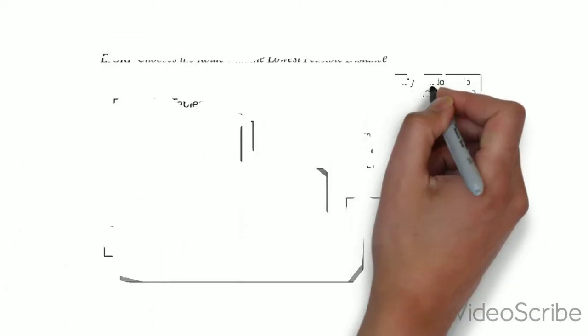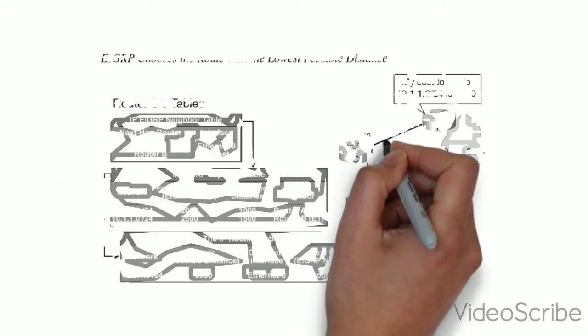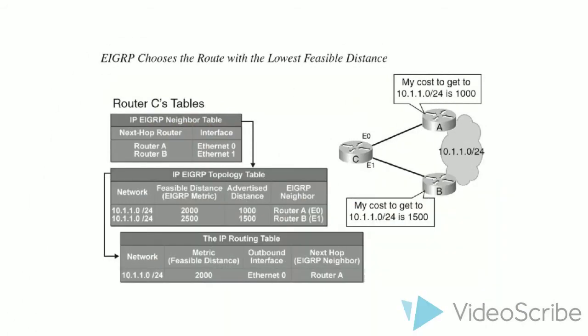Examples. For example, in the figure, routers A and B send their routing tables to router C, whose tables are shown in the figure. Both routers A and B have paths to network 10.1.1.0/24, among many others that are not shown.